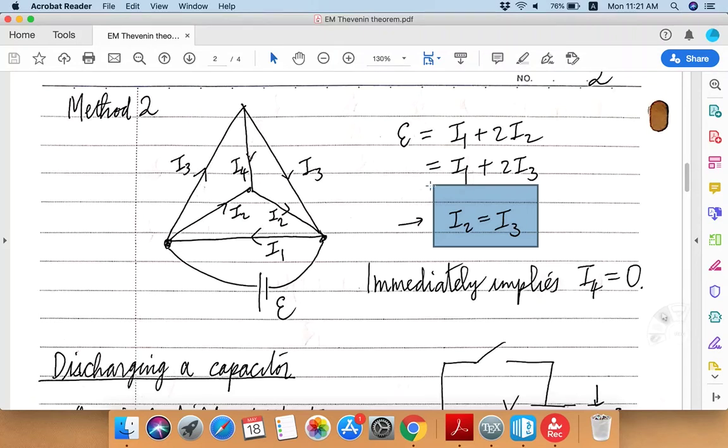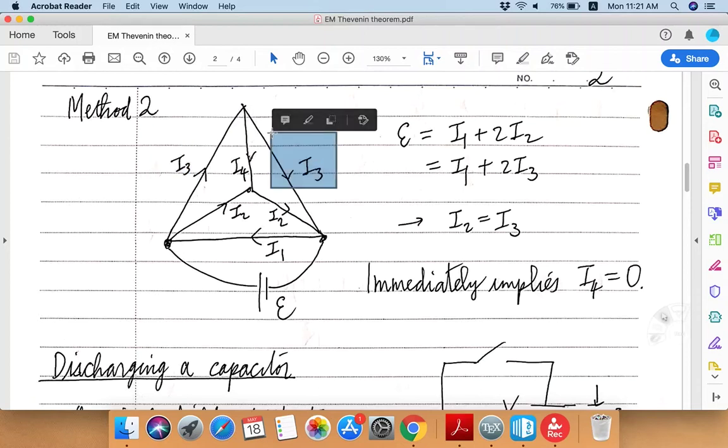Okay. And why was it that I was able to set both of these currents to be I3? That's again coming from symmetry, right? Because this geometrical shape is symmetrical and the resistance on each edge is the same.